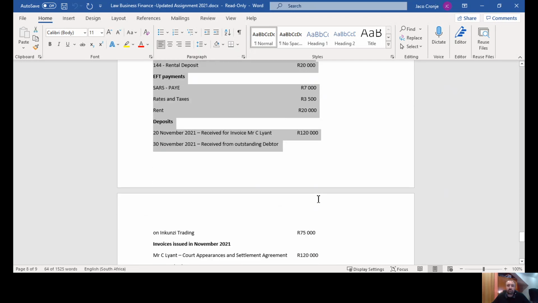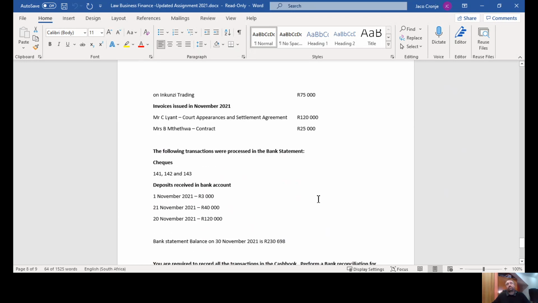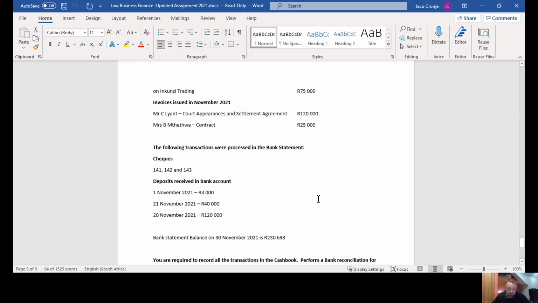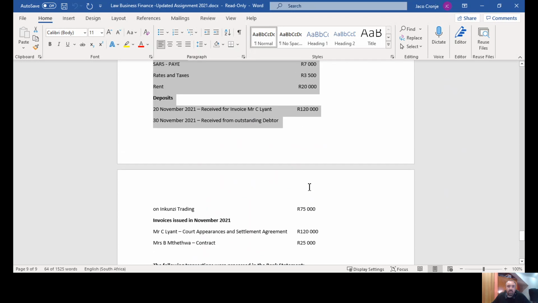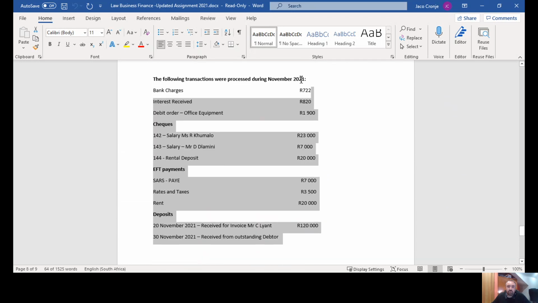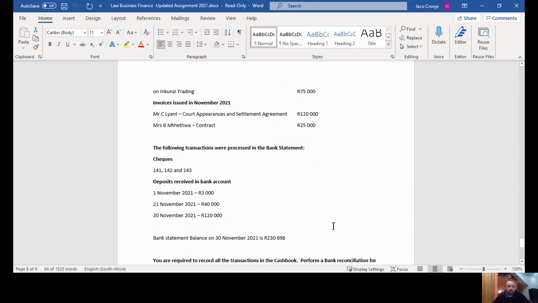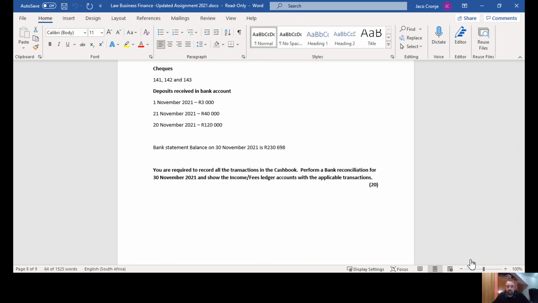That's where the bulk of the marks are, and that's the very easy part. So if you mess up or miss transactions in the bank recon, that's not the end of the world. The main part is make sure you get your cash book to reflect all of these transactions, payments on the credit side, receipts on the debit side. Okay, so that's that for the assignment.